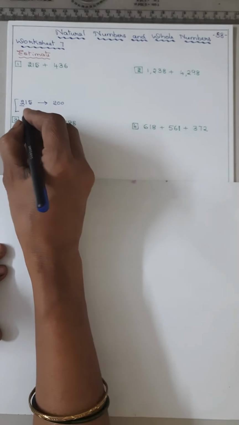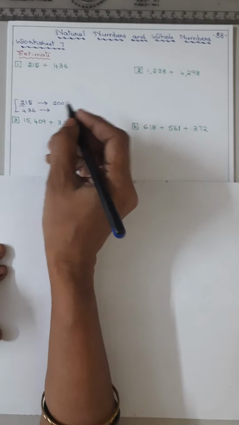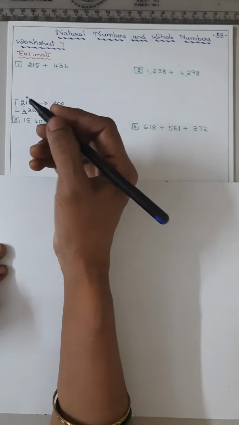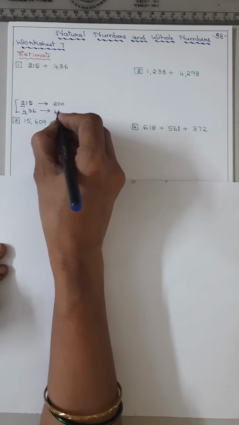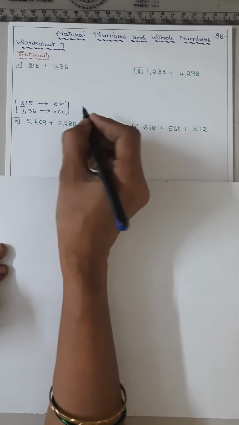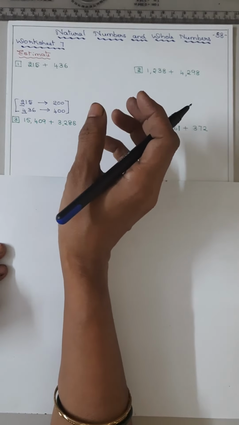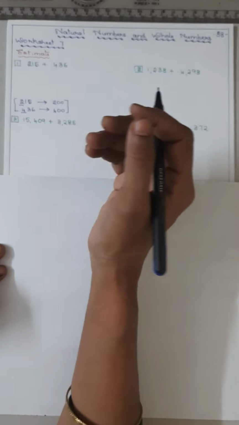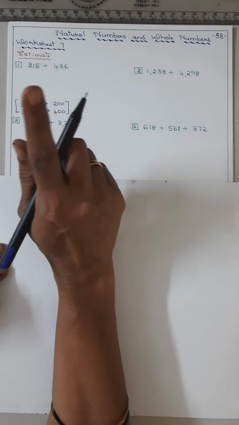Now the next number is 436. Underline the hundreds place 4. To the right of it, it is 3, less than 5. So it will be 400. If the digit to the right of the particular place is 5 or more than 5, then you have to increase the digit by 1.